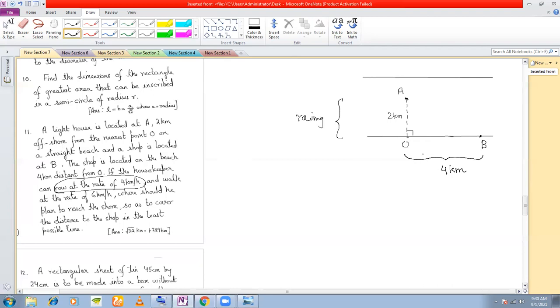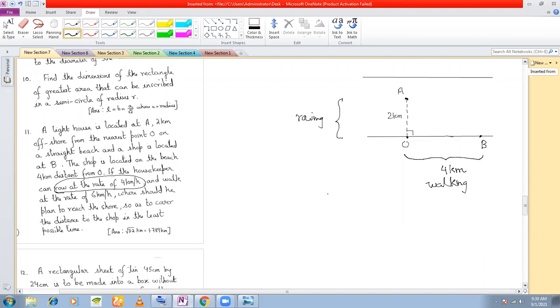And once he reaches O, he can walk from O to B. This distance has to be covered by walking. You understood what the problem says?